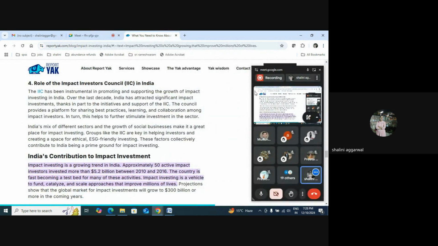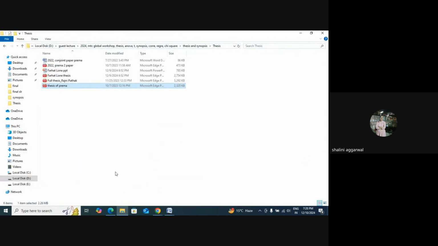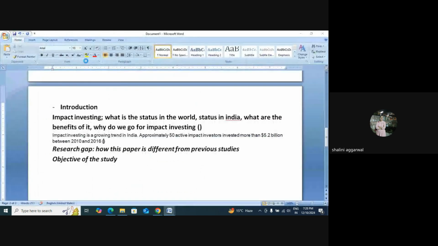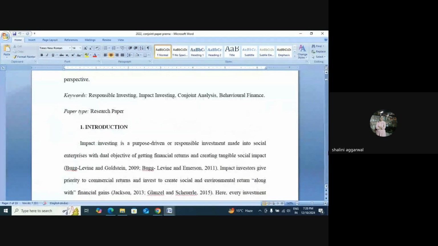Okay. Thank you. So there is a word called in-text citation. Let me take you to this paper of mine. This is called in-text citation. In-text citation means who has given this line.